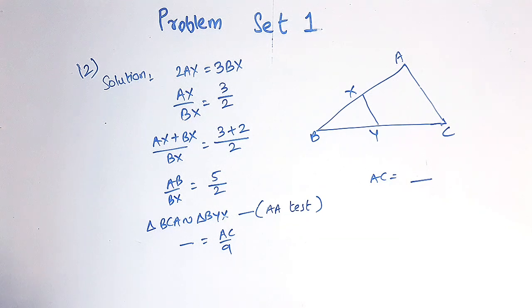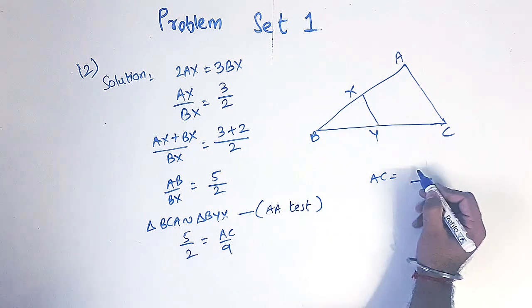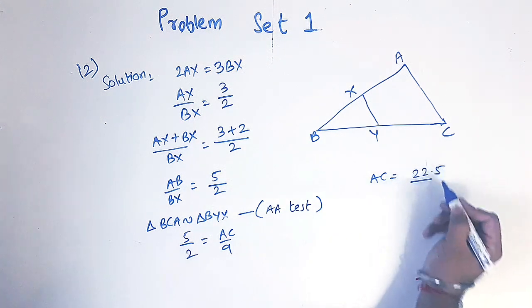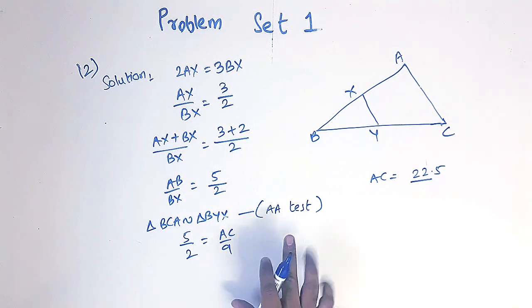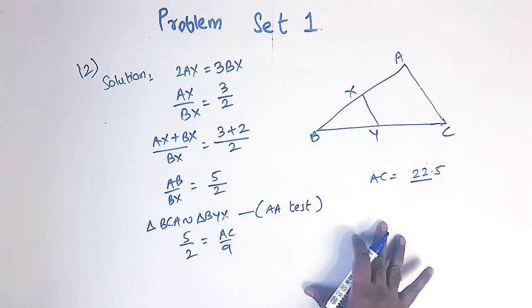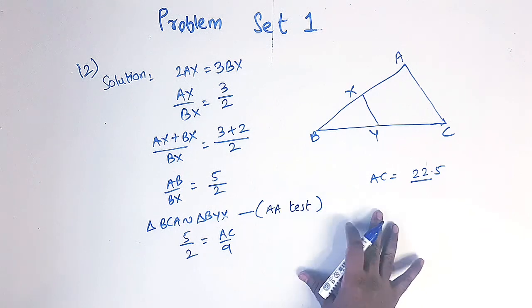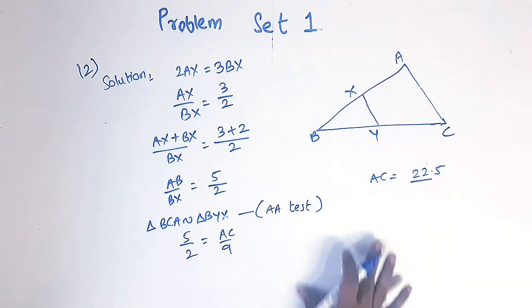This is 9. So you will simply write here AB upon BX, I'll write this as 5 upon 2. After cross multiplying this, you will get 9 fives are 45, 45 upon 2. What is 45 upon 2? It is 22.5. So children, this is the correct answer. The answer given behind the textbook is wrong.